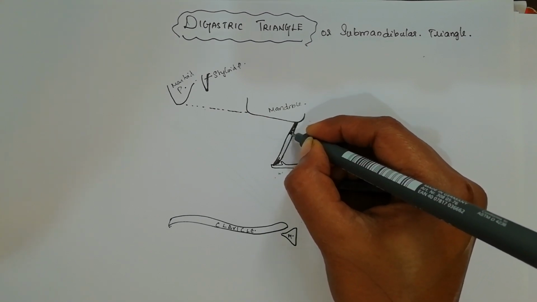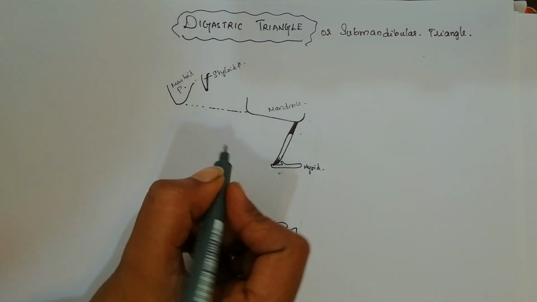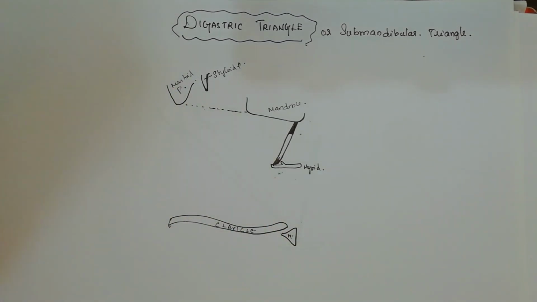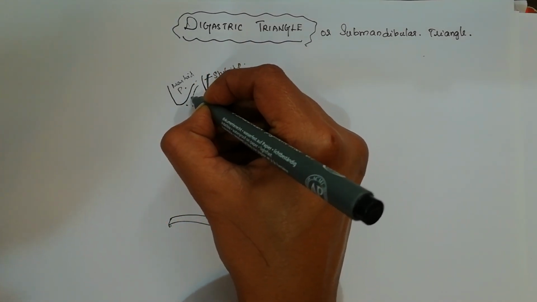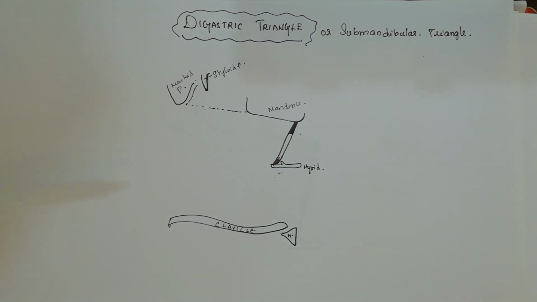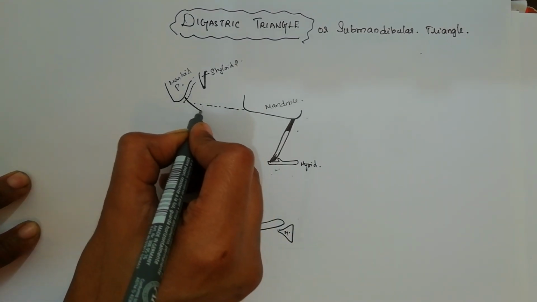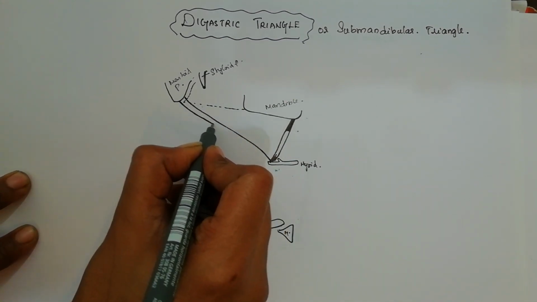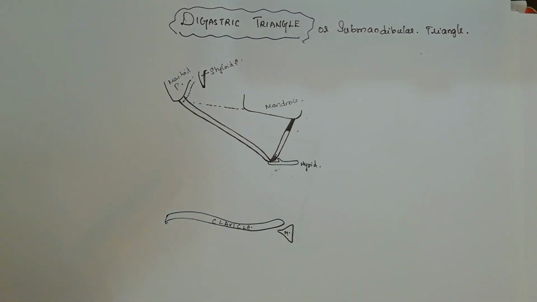In the same way, the posterior belly of digastric takes its origin from the mastoid notch. Just behind the mastoid process we have a notch we call the mastoid notch. From this notch a muscle originates and comes to get connected to a common tendon present between these two bellies.